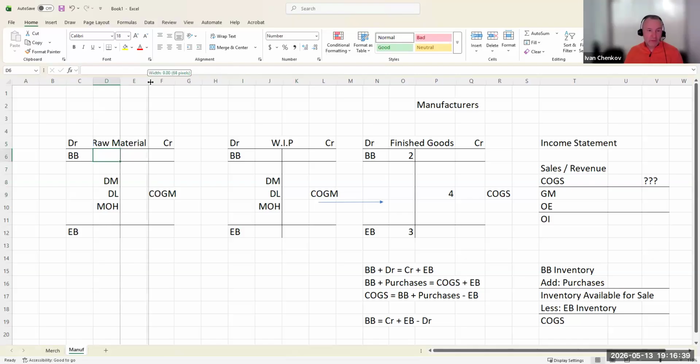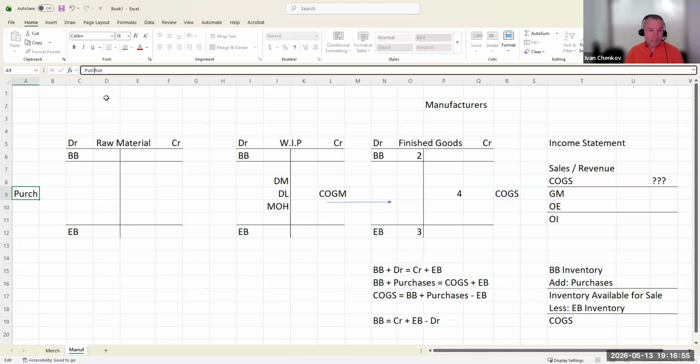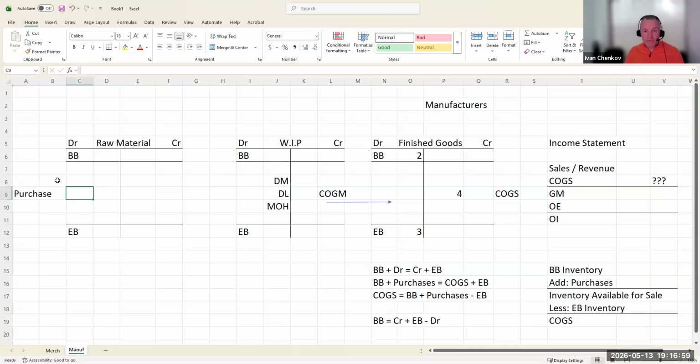And from the raw material, now we have to actually purchase this raw material. So you see how much time we have to spend in order to start with the raw material, work in process, finished goods. We purchase the raw material because if I don't purchase the raw material, I don't have anything.